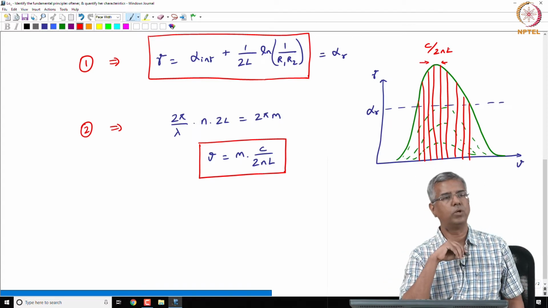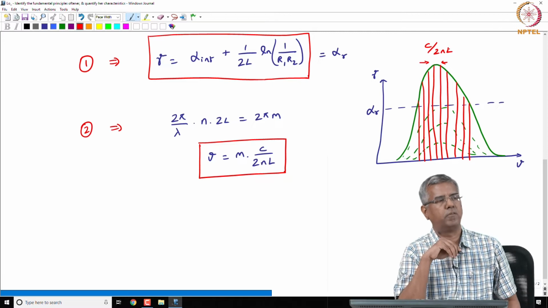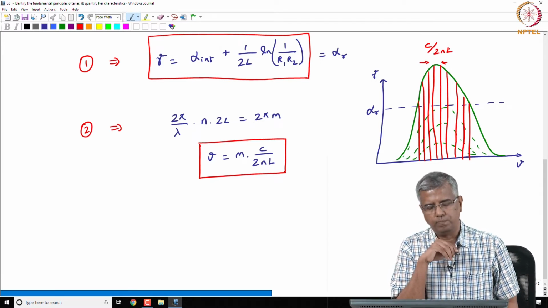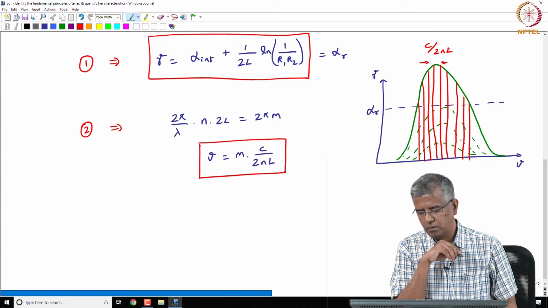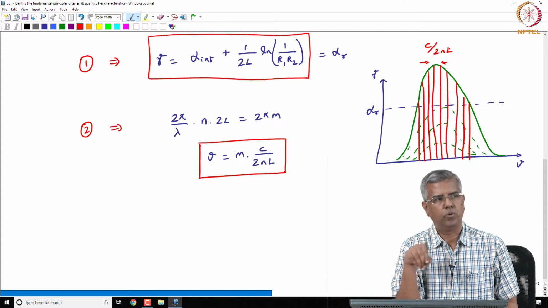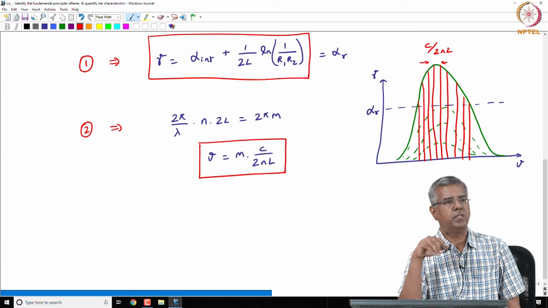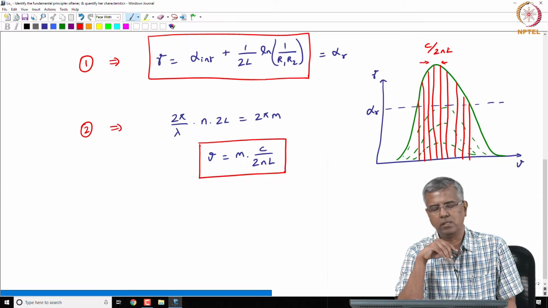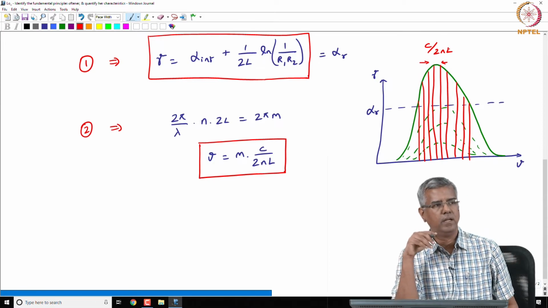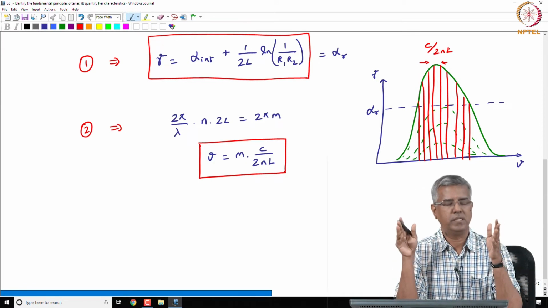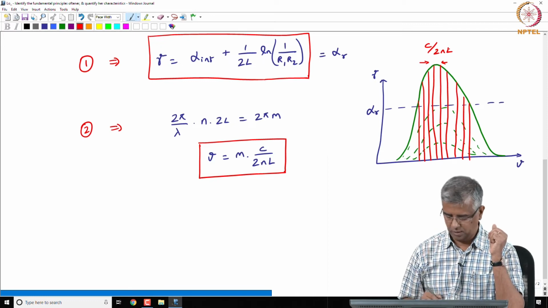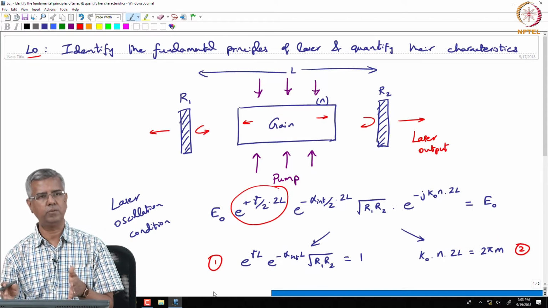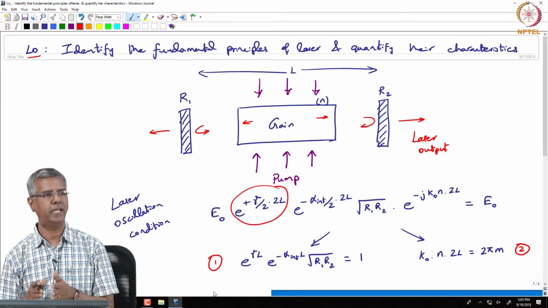Only those frequencies survive inside the cavity. So, what this actually says is any of these lasers that you look at is going to consist of multiple longitudinal modes.